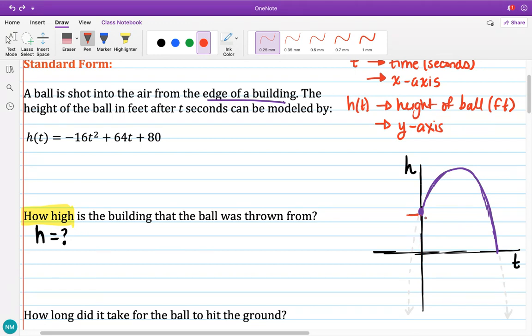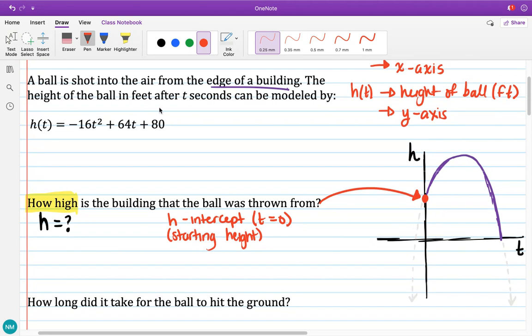So we need to find my y-intercept, because this is at t equals 0. Actually, it's technically my h-intercept, my starting height.